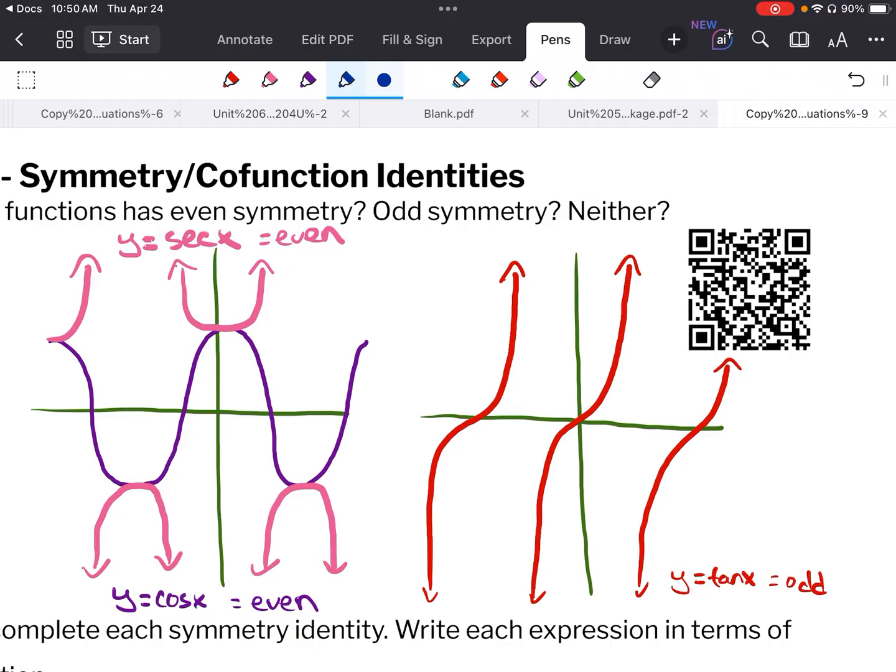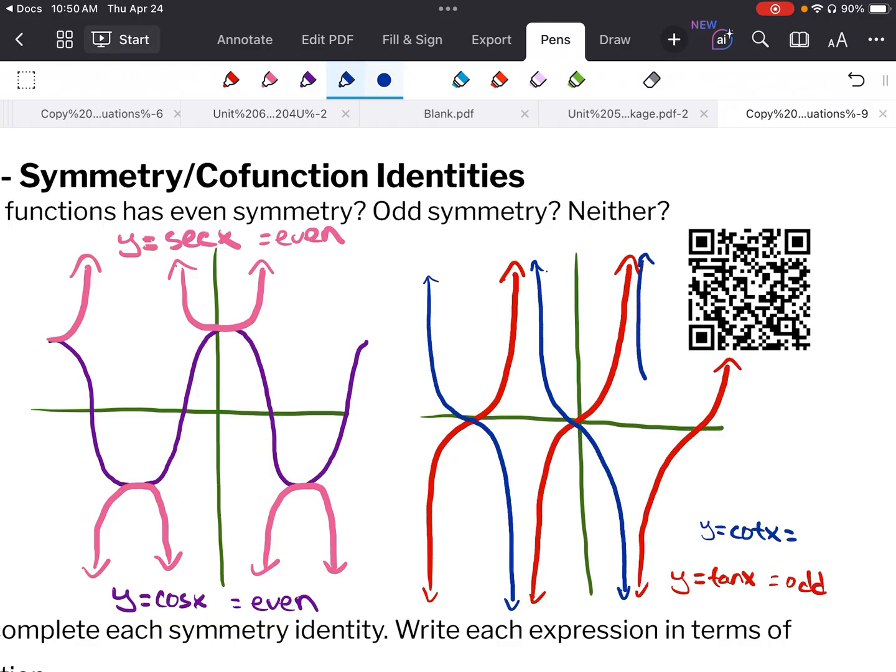And then cotan just looks like the opposite, so it will also be odd.